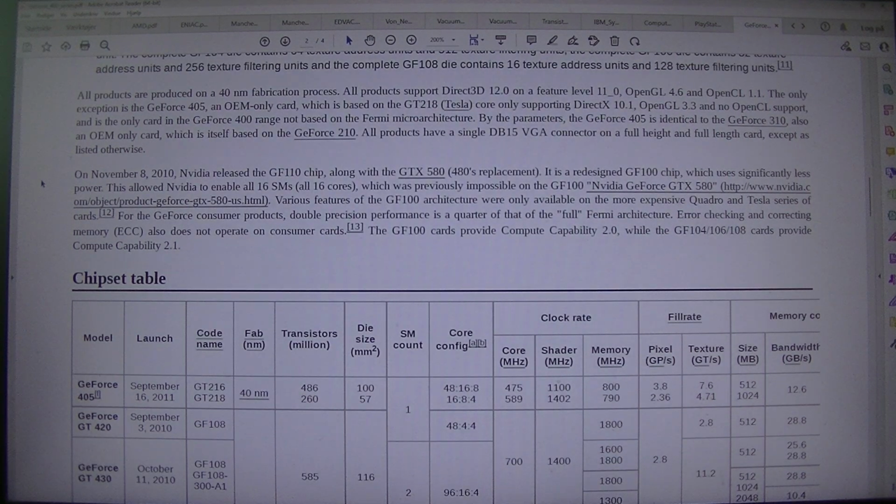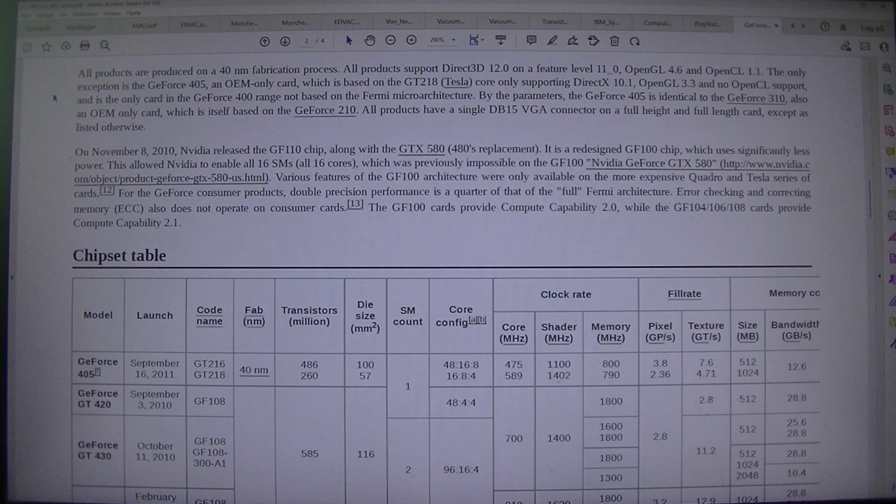11. All products are produced on a 40 nm fabrication process. All products support Direct3D 12.0 on a feature level 11_0, OpenGL 4.6 and OpenCL 1.1.